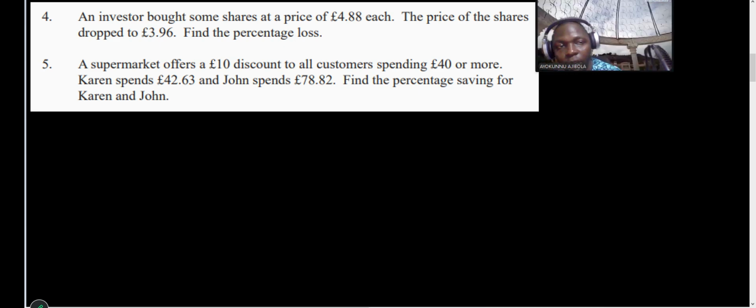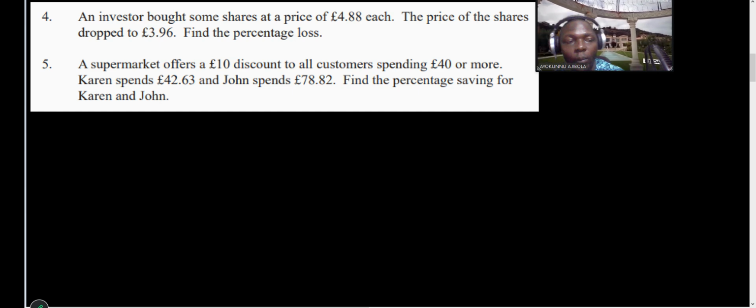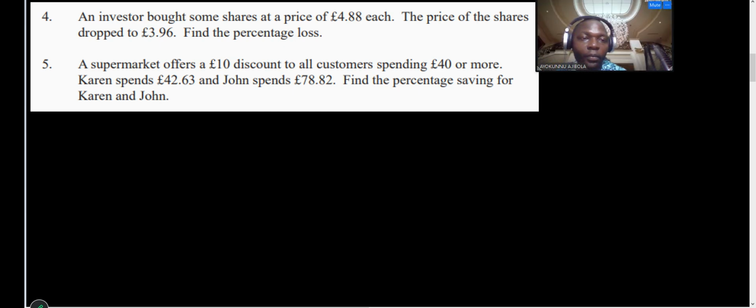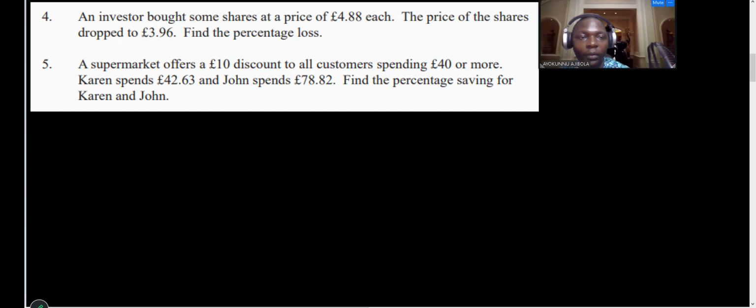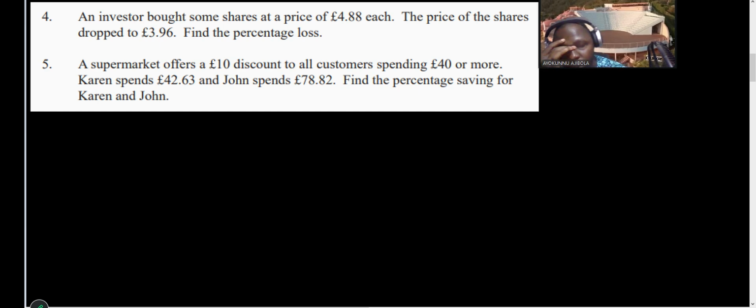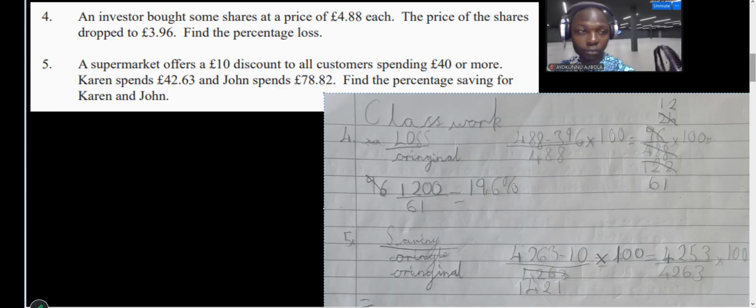It's the difference over the original, so that is 4.88 minus 3.96, and that is 0.92. So we get 0.92 divided by the original value, 4.88 times 100%.